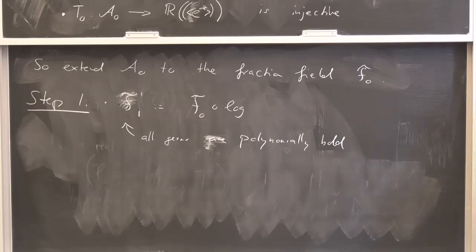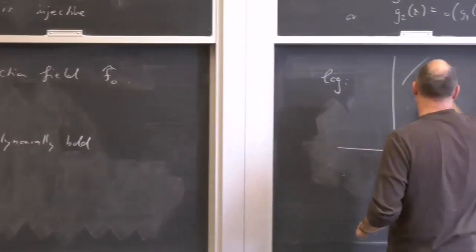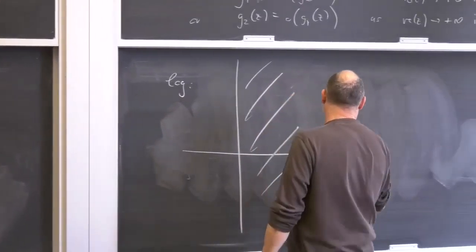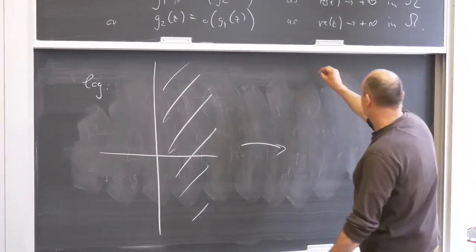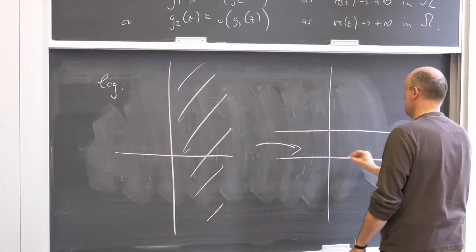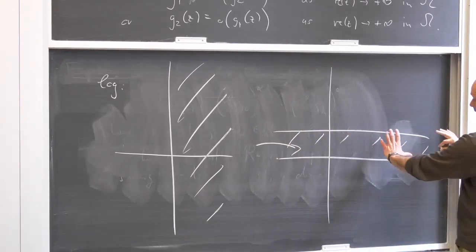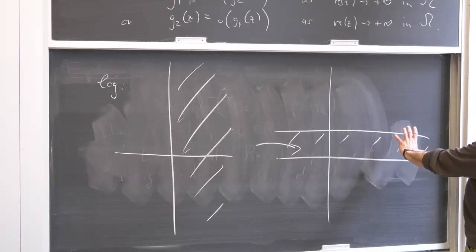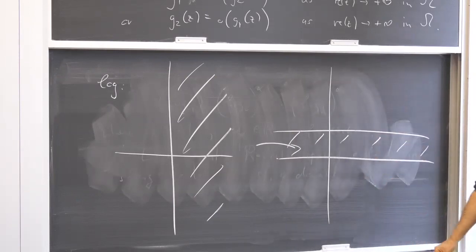The logarithm maps the right half plane to a strip. And as a germ of a set over here, this strip is contained in every standard quadratic domain.